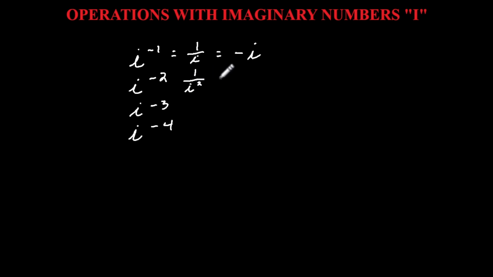And i squared is minus 1, so this would be 1 over minus 1, which is minus 1 for the final answer. This one would just be i, positive. And i to the minus 4th power is 1 over i to the 4th power. Ultimately, this one would be 1.